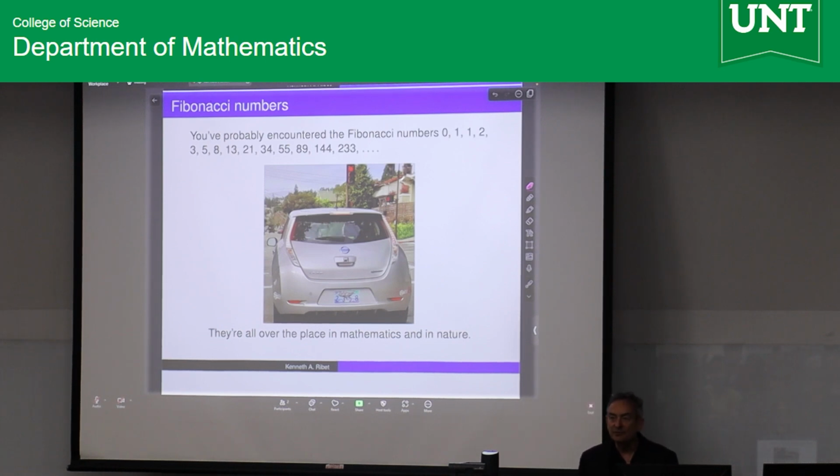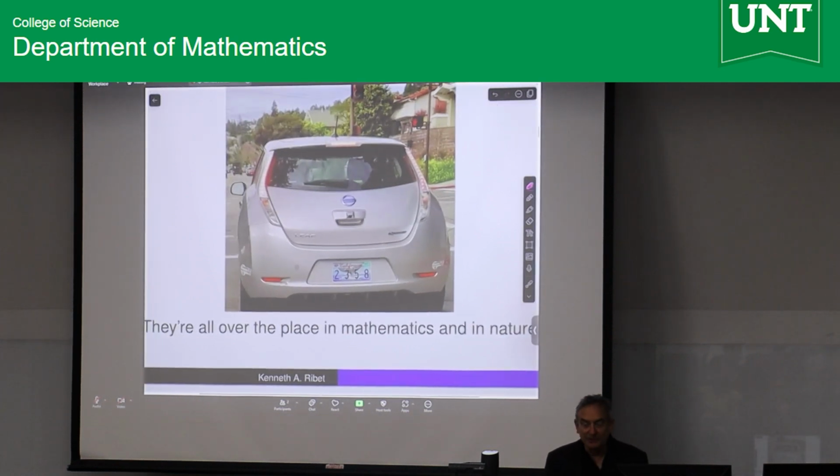And if you take a discrete mathematics course, you learn about these numbers, and your teaching assistant might give you examples of how these numbers occur in nature. You know, the number of petals of flowers tend to be a Fibonacci number. And there's a good example in nature in Berkeley.